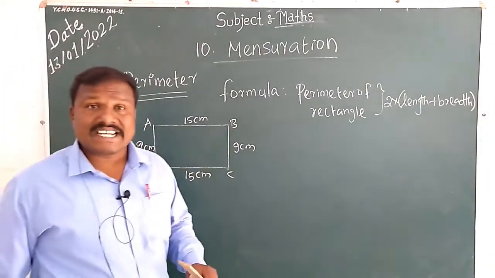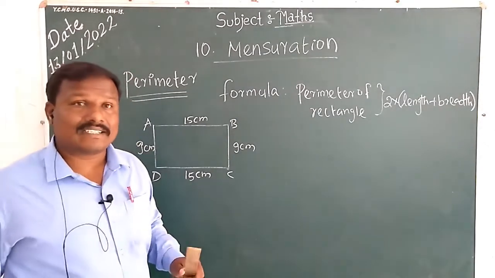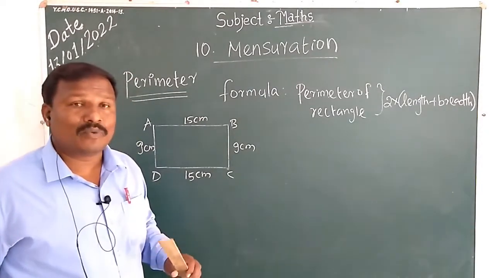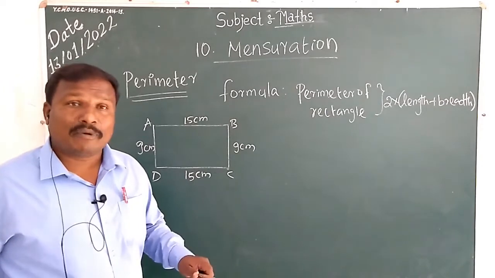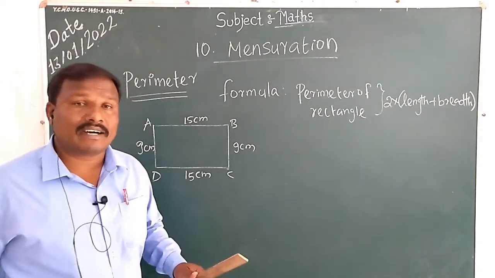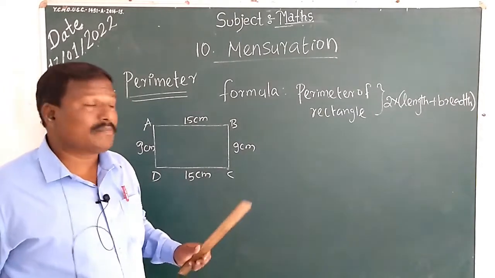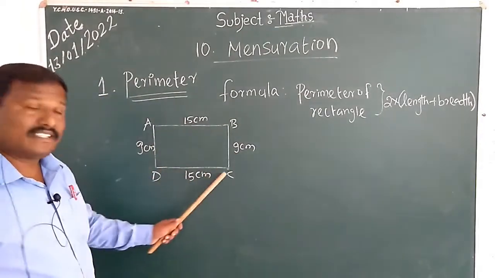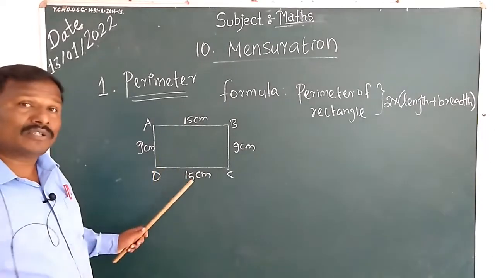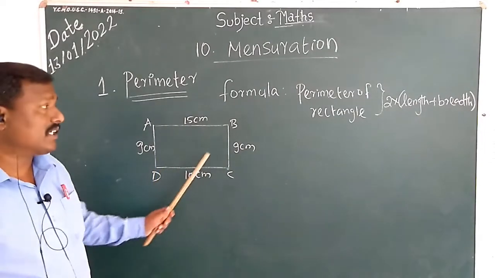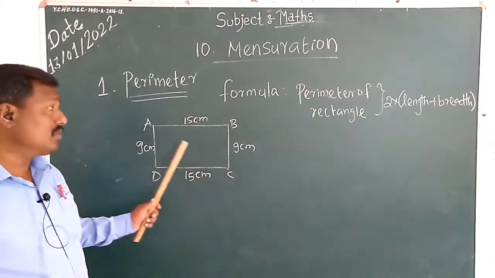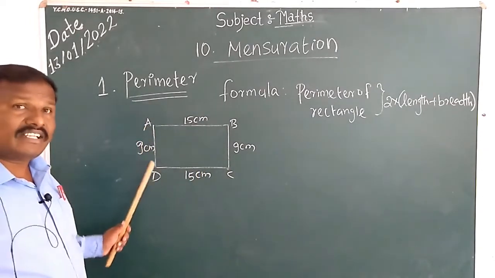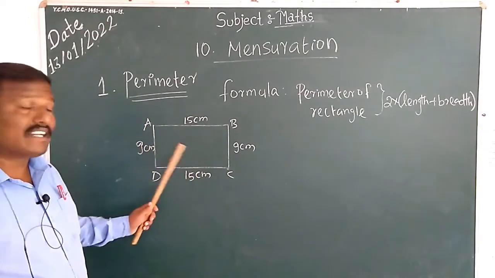The opposite sides are equal. Again I will repeat, the opposite sides are equal is called a rectangle. Opposite side means side AB is opposite to side DC, so AB is equal to DC. Then side BC is equal to side AD. So that's why it's a rectangle.